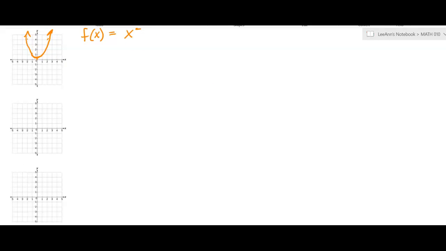So we'll look at our parabola. Our parabola has points like this. The quadratic function kind of looks like that. Should come down a little bit more. Okay. f of x equals x squared. And we're going to restrict that the same way. We're just going to say, we don't want this half of the curve.